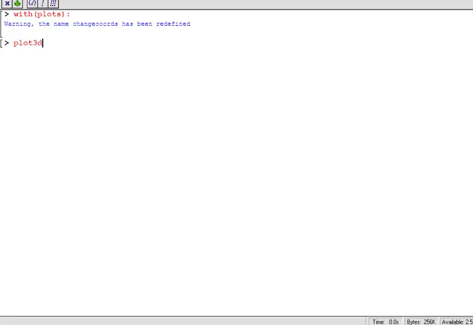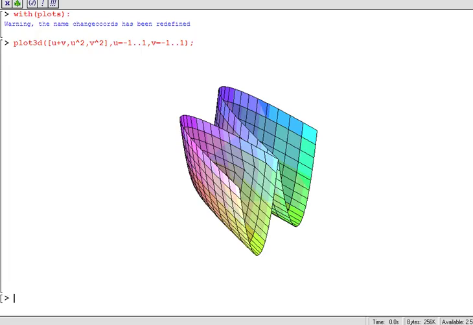Plot 3D u plus v, u goes from -1 to 1, and v goes from -1 to 1. Okay, so that's a good picture.